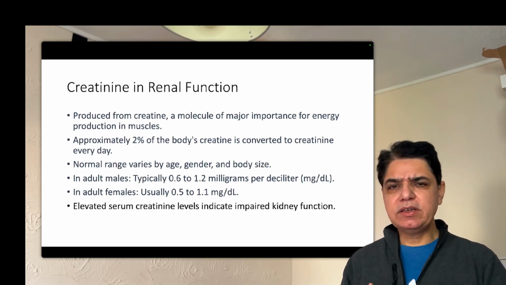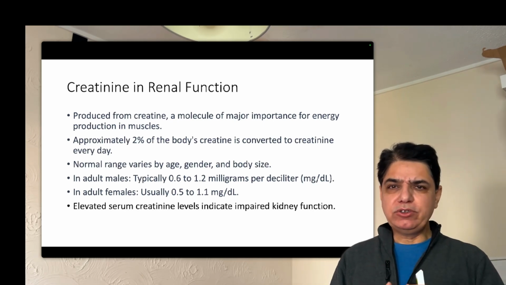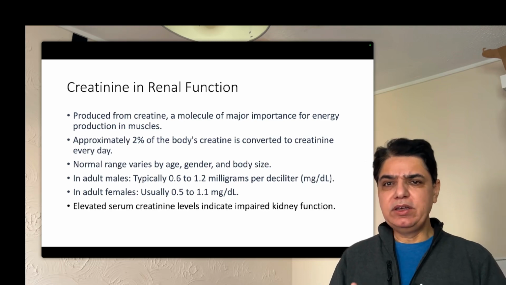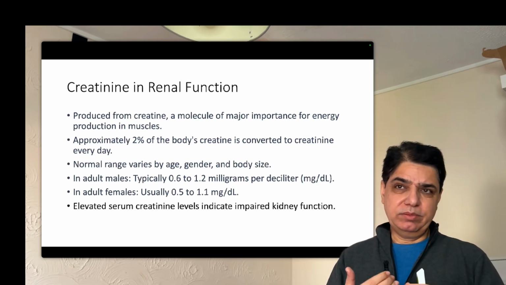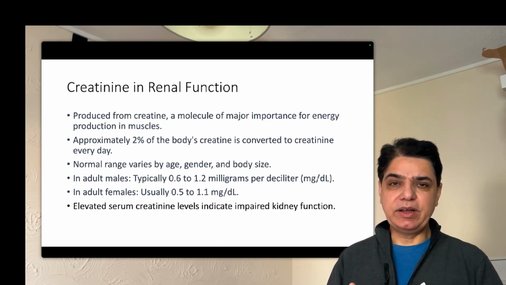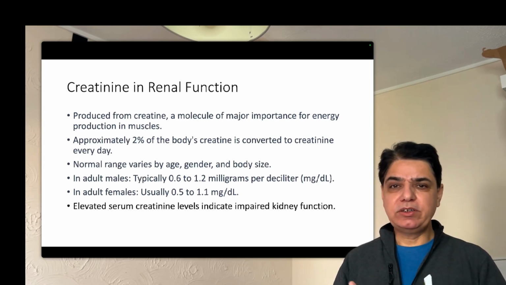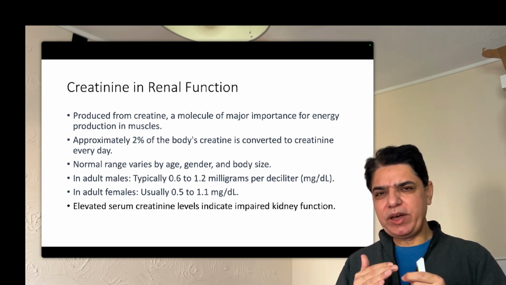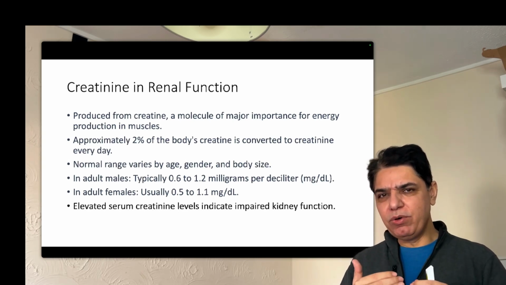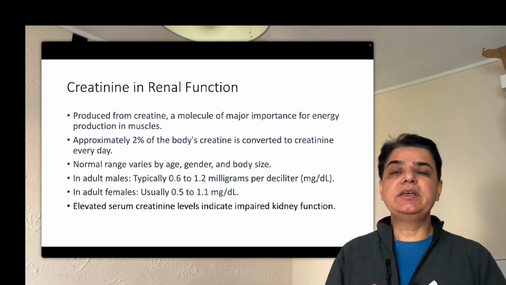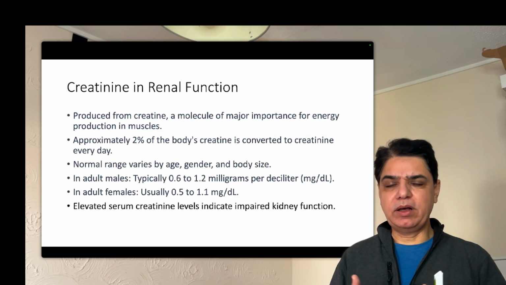In adults, the normal range of serum creatinine, that is the creatinine in your blood, varies around 0.6 to 1.2 milligram per deciliter in males, while in females it is 0.5 to 1.1. So there is slight variation. Females have slightly lower normal serum creatinine levels as compared to males. Again, the reason being that males have more muscle mass.